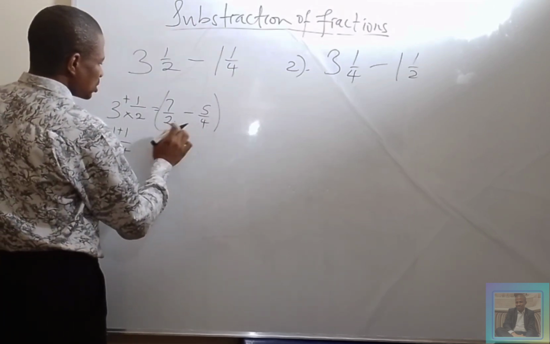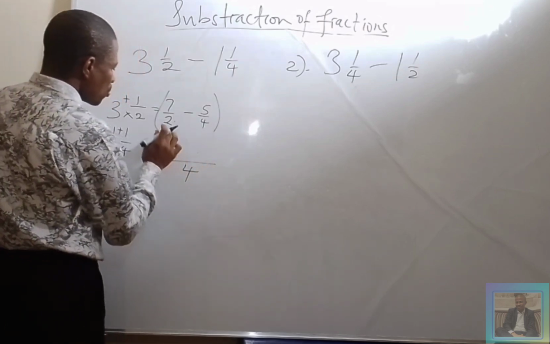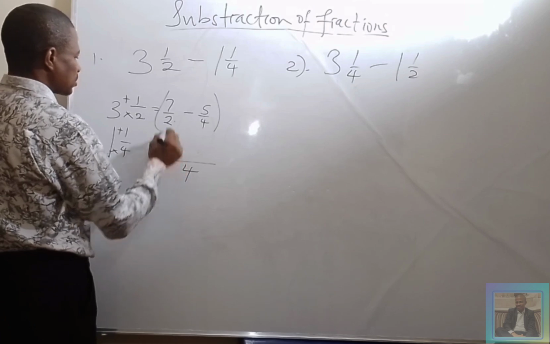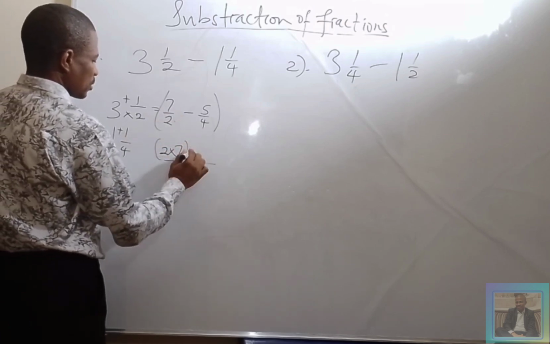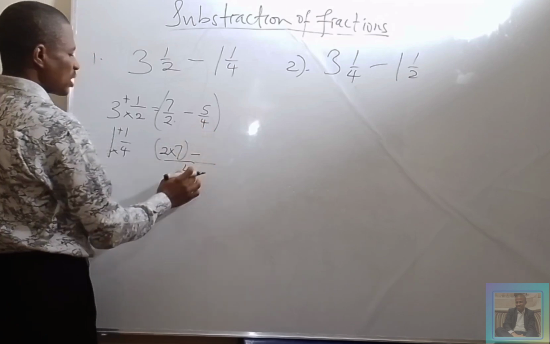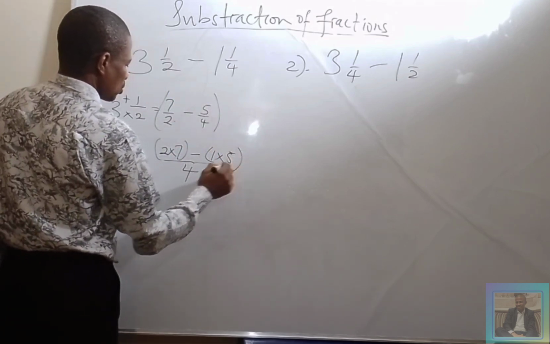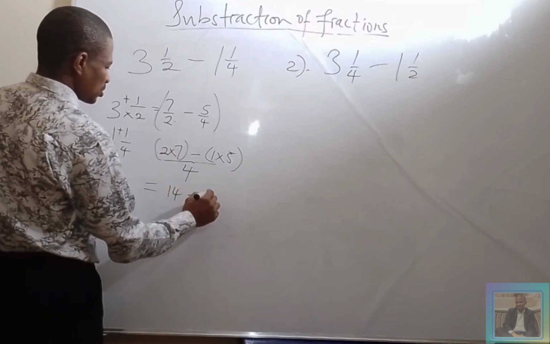What's the common denominator for both of these fractions? We have 4. How many 2s do we have in 4? 2. So we say 2 times 7. Then, how many 4s do we have in 4? 1. Then we say 1 times 5. 2 times 7 is 14, minus 5, over 4.